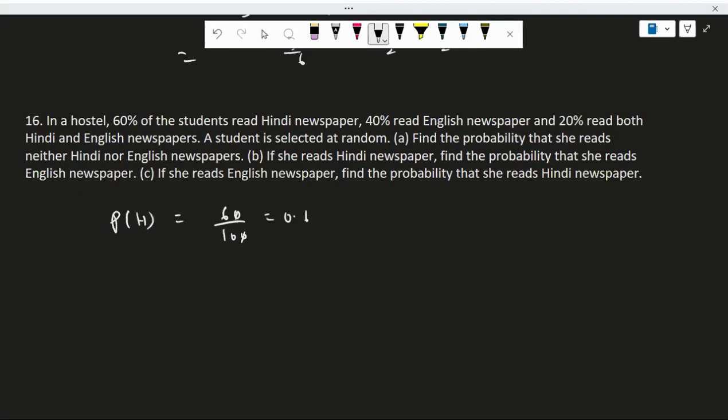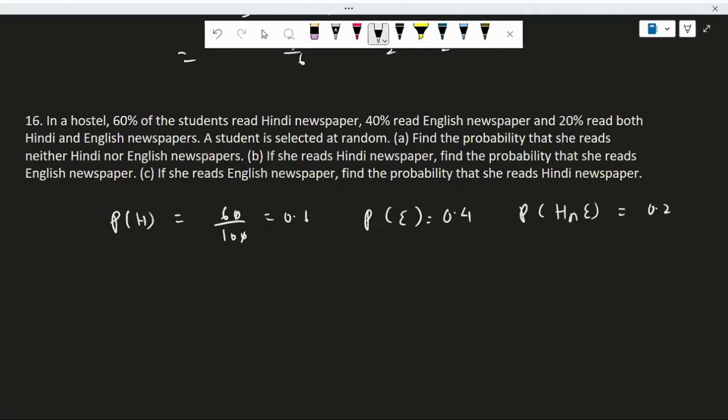And P(E), the probability of reading the English newspaper, is 0.4. And 20% read both Hindi and English. So P(H intersection E) is 0.2.